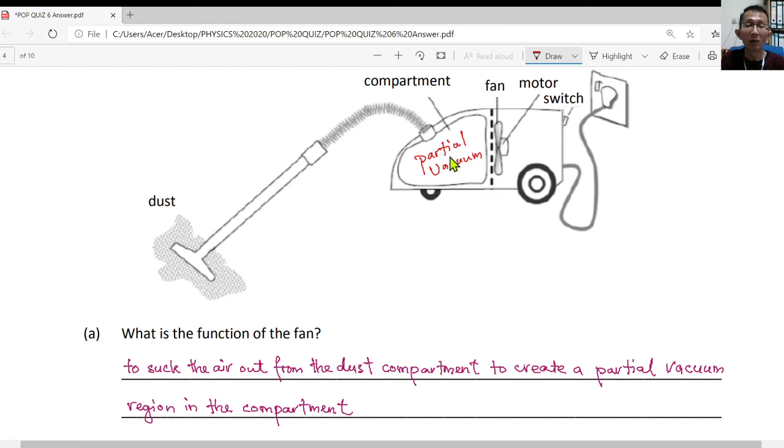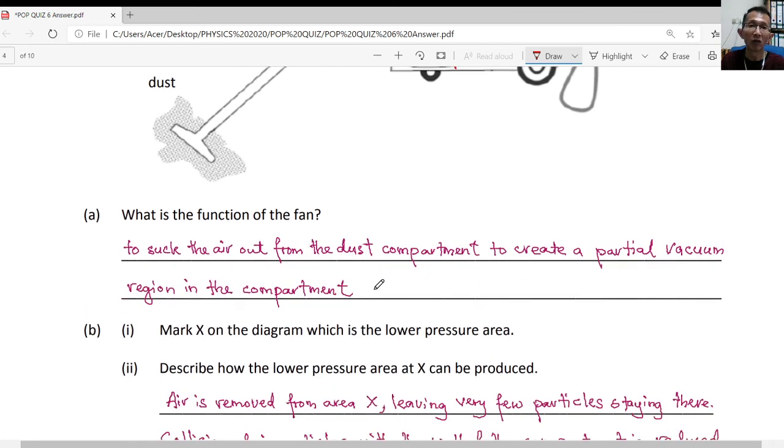So the pressure here is almost zero. That's why we say it's partial vacuum. So that is the function of the fan, to suck the air out from the dust compartment to create a partial vacuum region in the compartment.